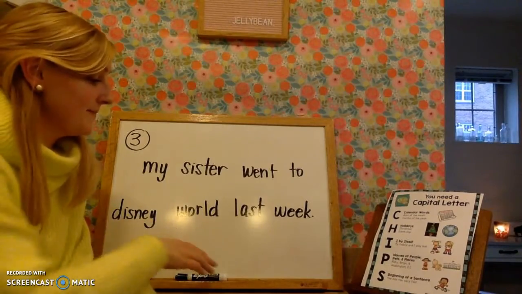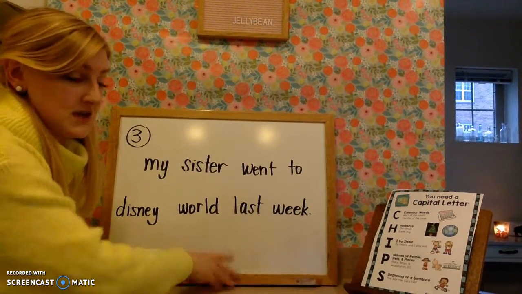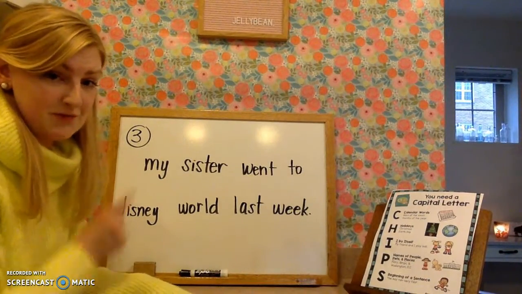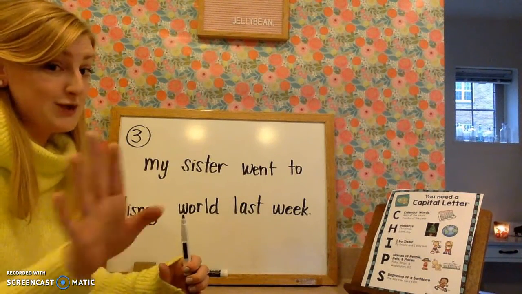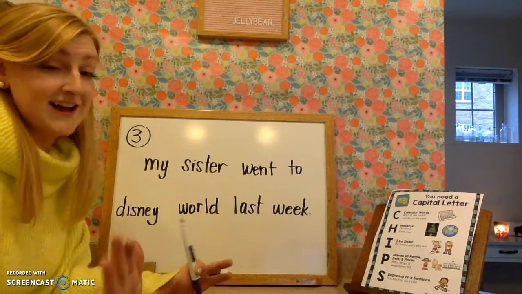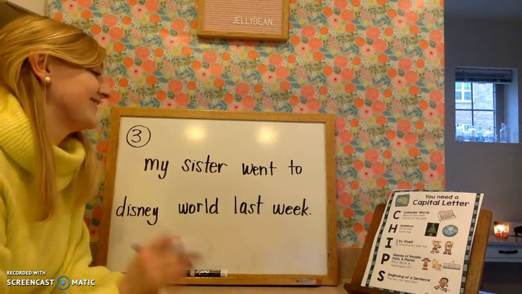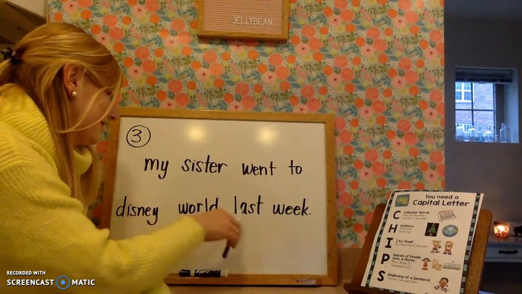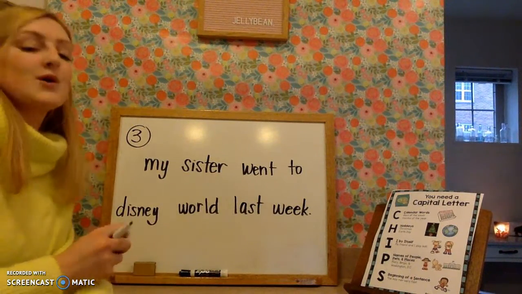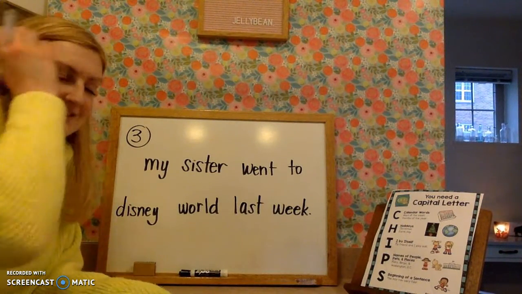All right, number 3. I still have my CHIPS worksheet here to help me remember what I need. This one we're going to do together, but I'm going to let you kind of answer the questions here. I'm not going to give you so many answers. All right. My sister went to Disney World last week. What would we capitalize in here?